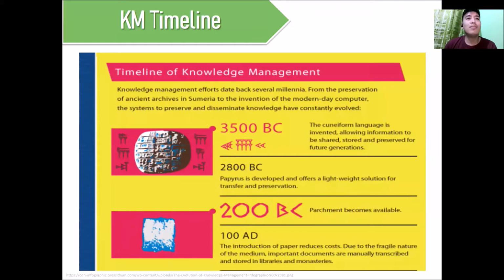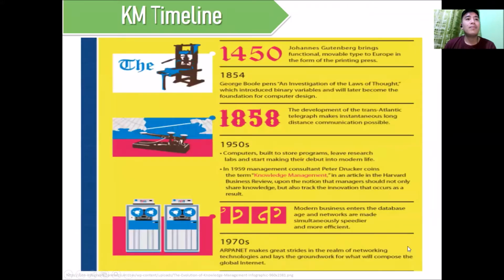Then in 200 BC, parchment becomes available. And in the 1450s, Johannes Gutenberg brings functional movable type to Europe in the form of the printing press. So the printing press actually started in 1450.